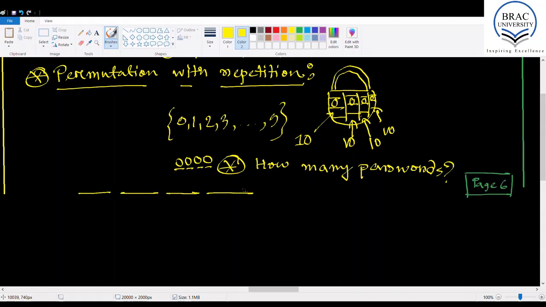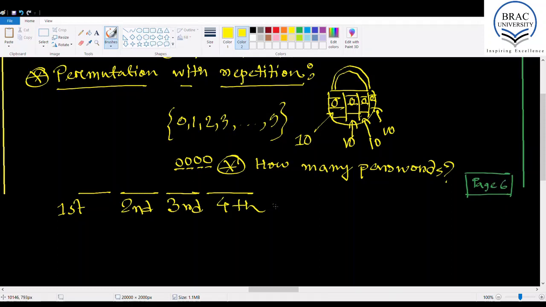Why 4 different tasks? Inputting a digit in the first slot is task 1. Input a digit in the second slot, that is the second task. For the third slot, it is the third task, and for the fourth slot, this will be the fourth task.